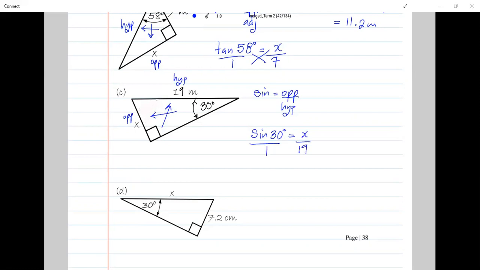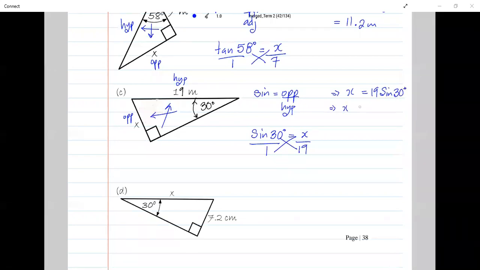If I have one fraction is equal to one fraction, I would cross multiply. So therefore, 1 times x would be equal to 19 times the sine of 30 degrees.